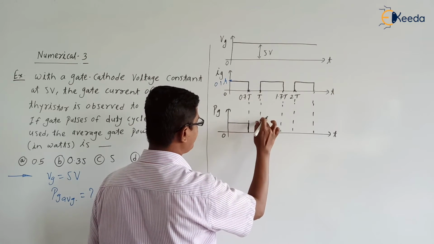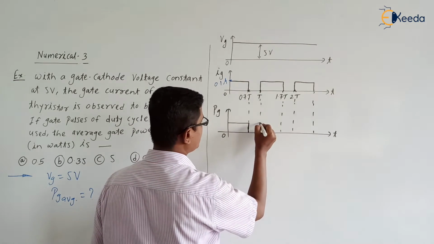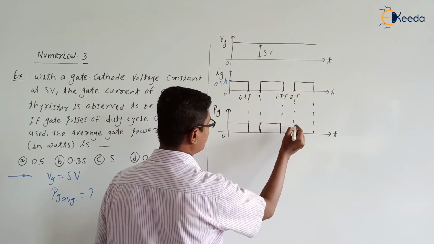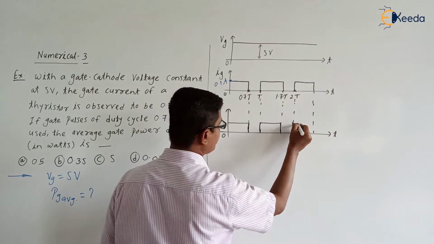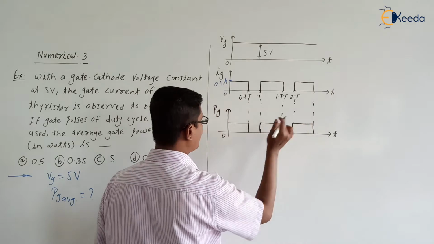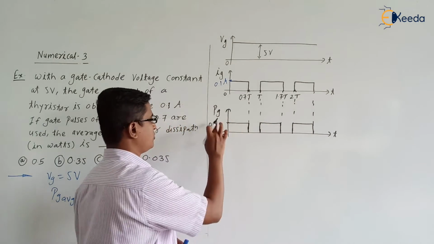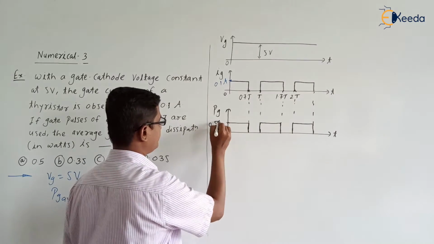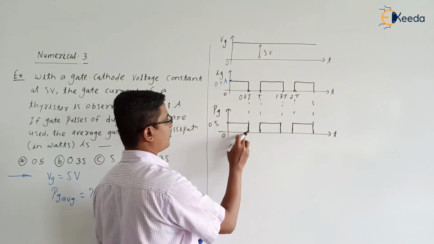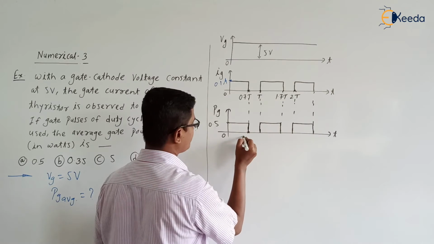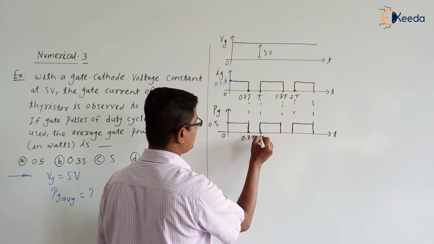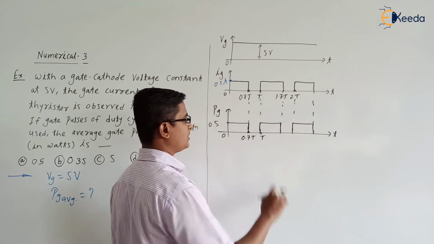After that again this is 0.5, again 0, and it goes on. What is this magnitude? This is 0.5 watt actually. This is 0.7T, this is T, this is 1.7T and 2T, right?